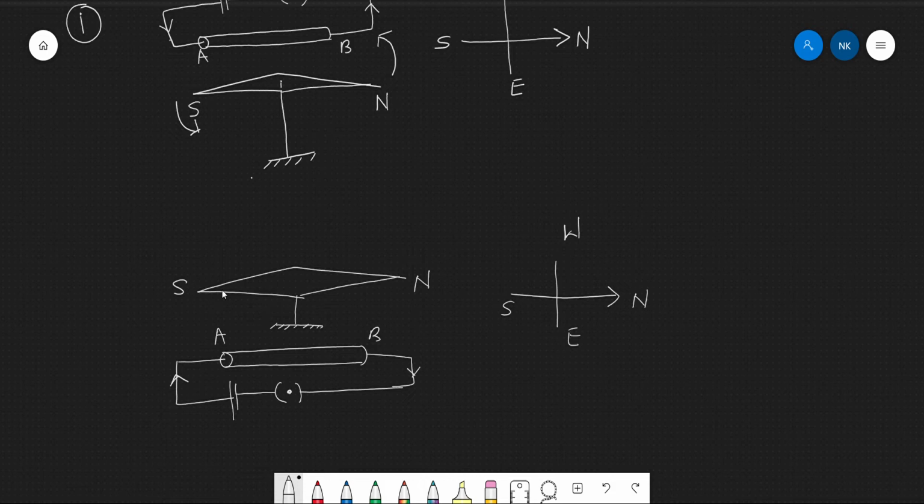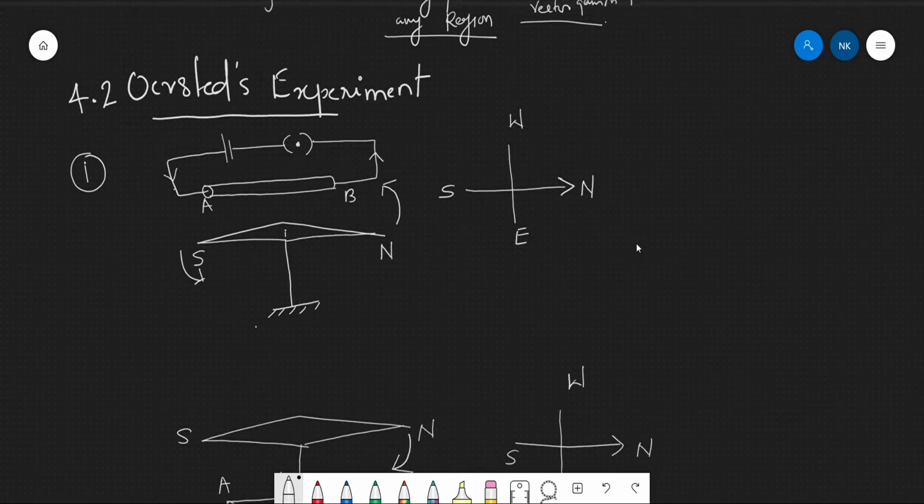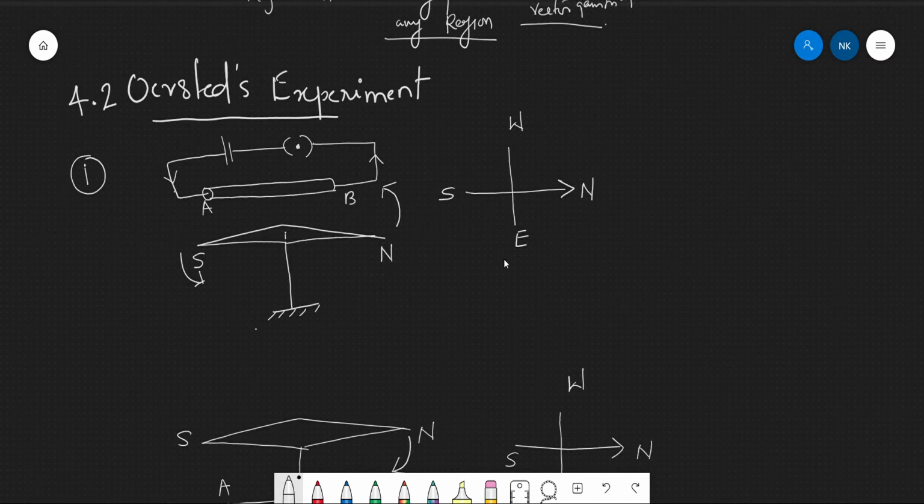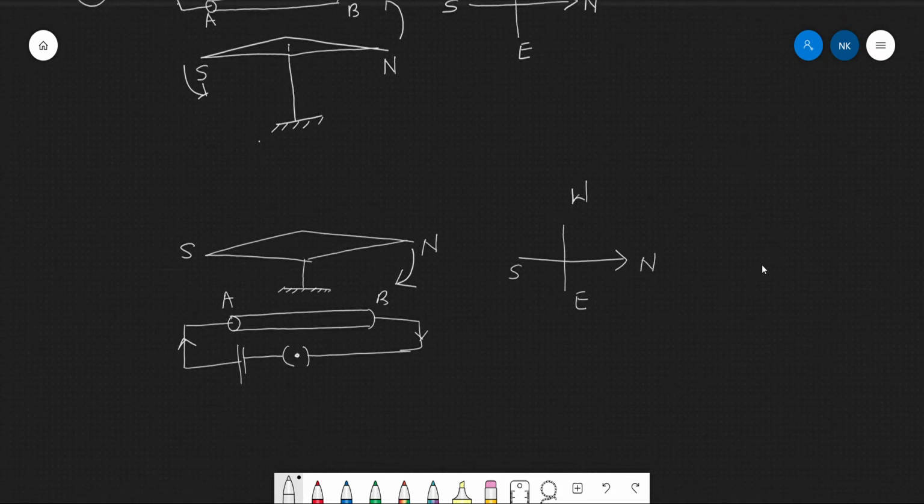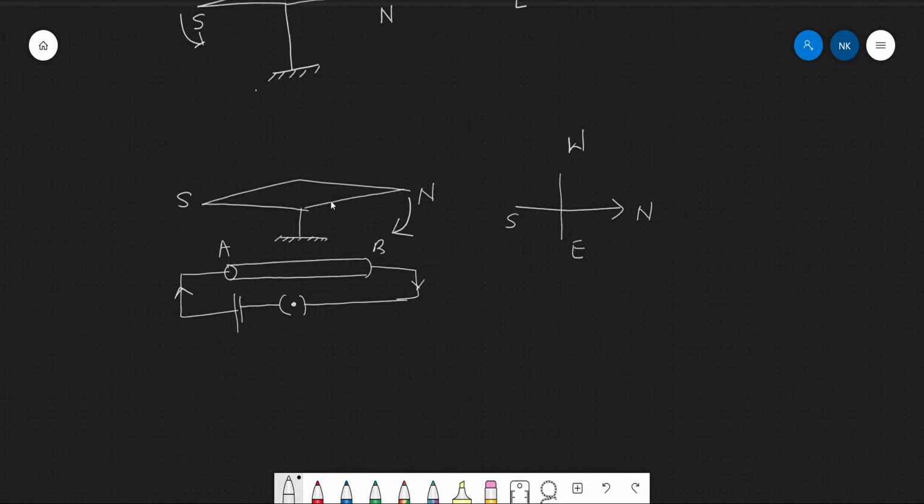Once the current was flowing in this direction, what was observed was that the north pole was bent towards the east direction. In the above case it was towards the west. In the first experiment we had this wire AB above the compass needle, but in this case we have the wire below the compass needle.